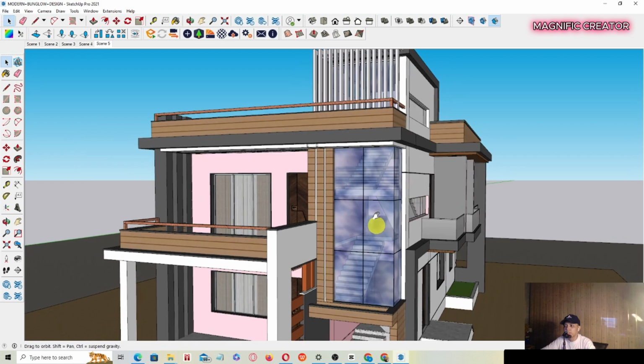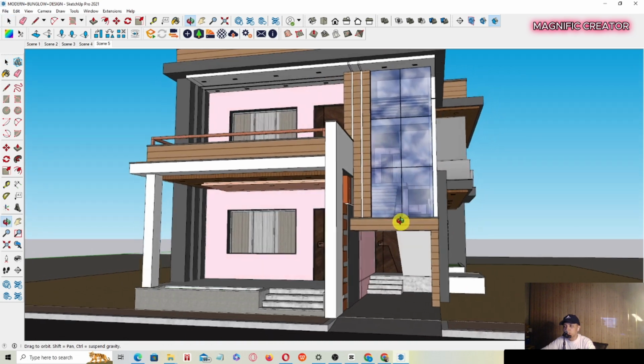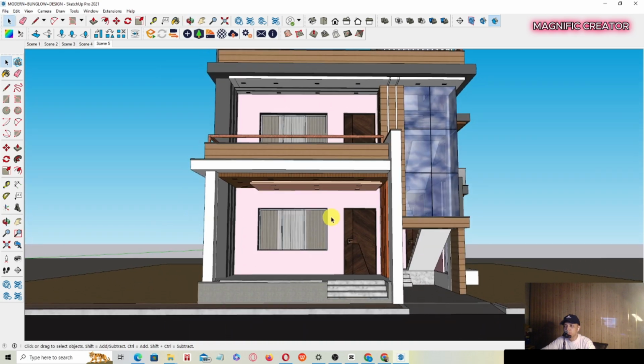rooftop area anyway, because it's for privacy purposes for the owner of this house.